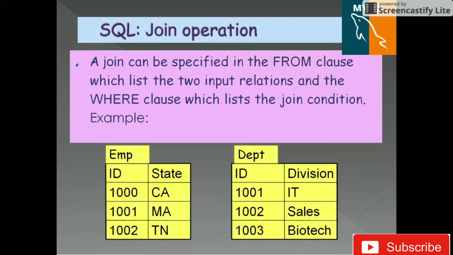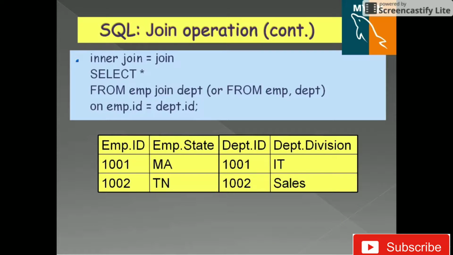In the previous one, we knew that 1001 and 1002 are the common IDs in the two tables, so it displays the same record. Similarly, you can apply the where clause, but remember to perform the operation based on emp.id, the name of the table with a dot or period symbol, then the name of the column on which you want to perform the where operation.